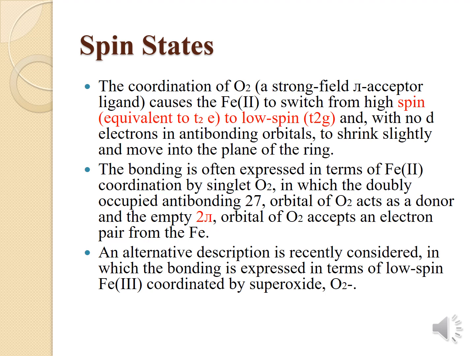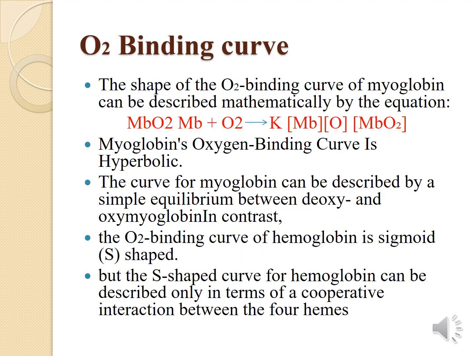The second point is that the bonding is often expressed in terms of Fe2+ coordination by singlet oxygen, in which the doubly occupied sigma orbital of oxygen acts as a donor and the empty 2 pi orbital of oxygen accepts an electron pair from the iron. An alternative description, recently considered, expresses the bonding in terms of low spin Fe3+ coordinated by superoxide, O2-.